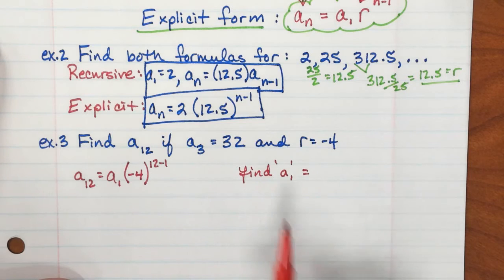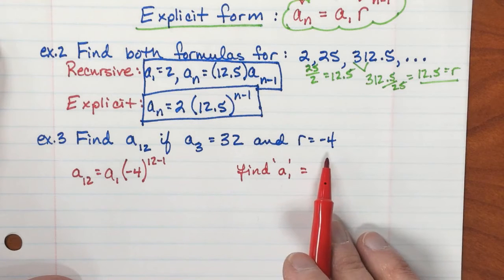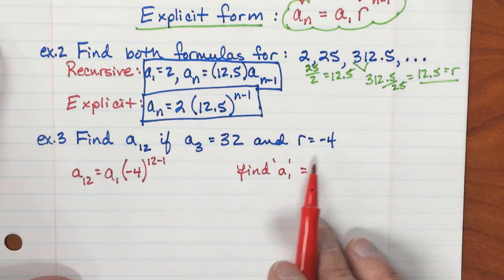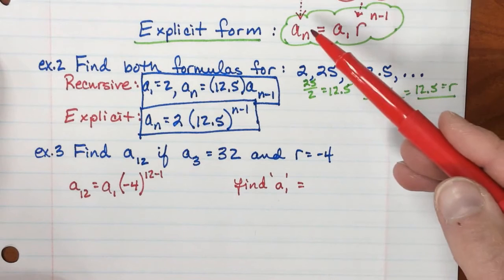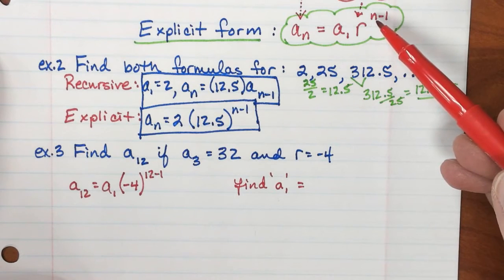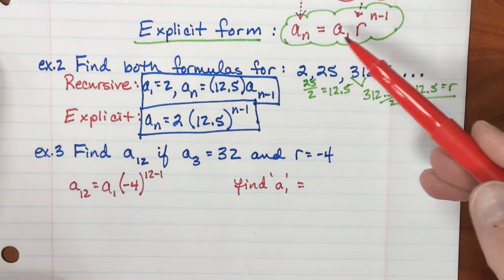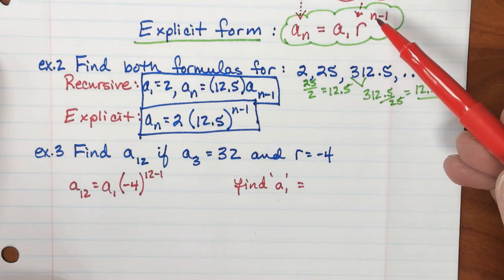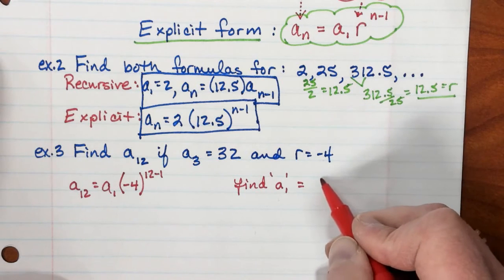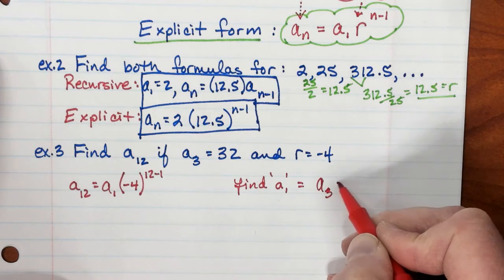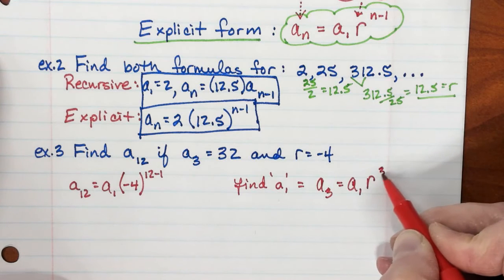So what we're going to do is use what we have. We have the third term. We have the r. We can use that to get the first term. So we're going to again use this formula right here. Look at what the unknowns are. You have this term that you don't know, you have the first term, you have the r, and you have the n depending upon what term you're trying to find. So here, if we have the third term and we want to find the first term, that would be r to the 3 minus 1.